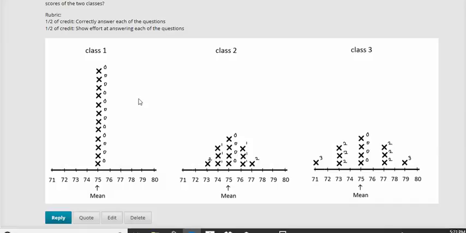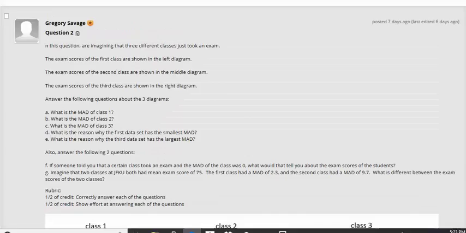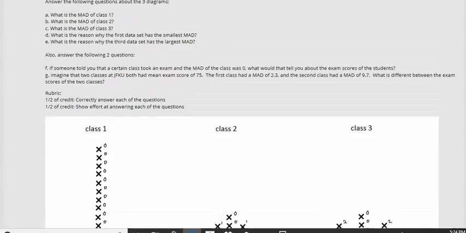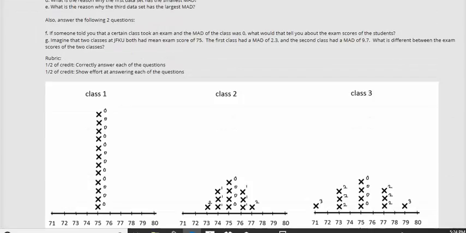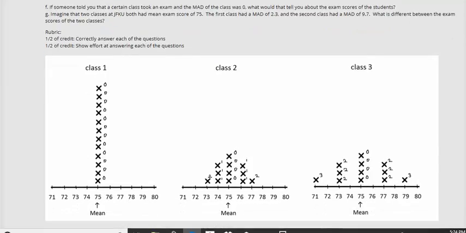Part D says, what is the MAD? And then part E says, what is the reason why the third data set has the largest MAD? The MAD goes up when the data is more spread out. And when the data gets more and more spread out over a wider range, the MAD gets larger. We can see that class 1 has very little spread or very little dispersion, because it has no dispersion at all, actually.